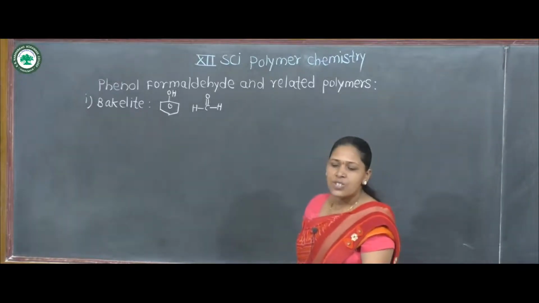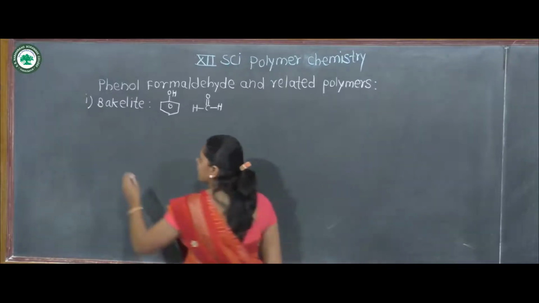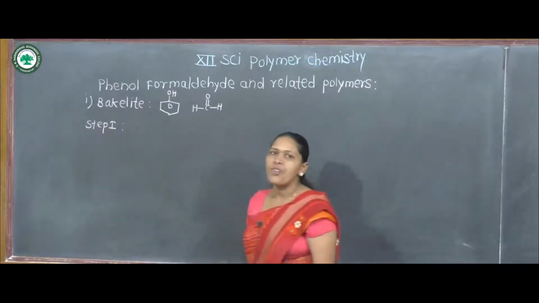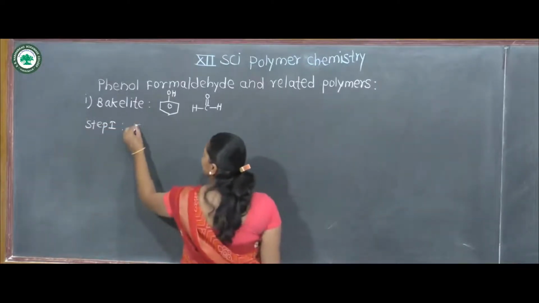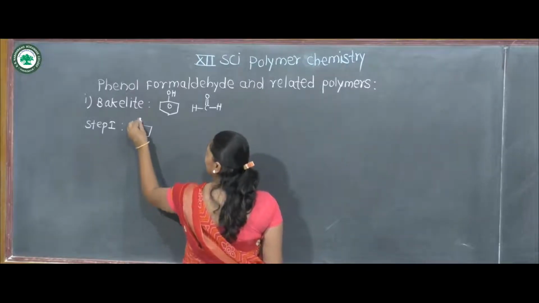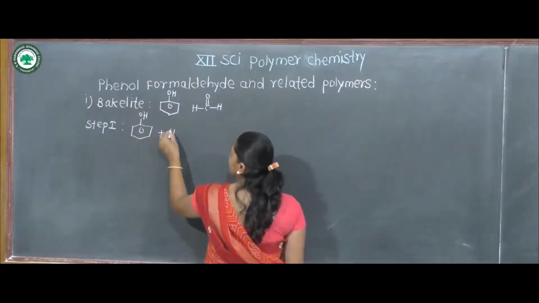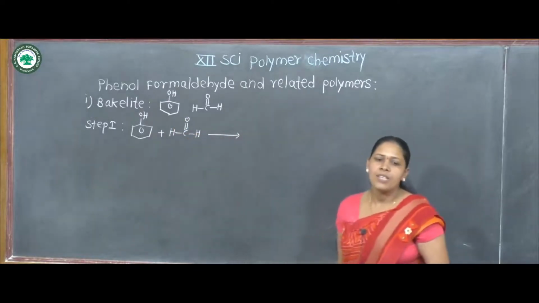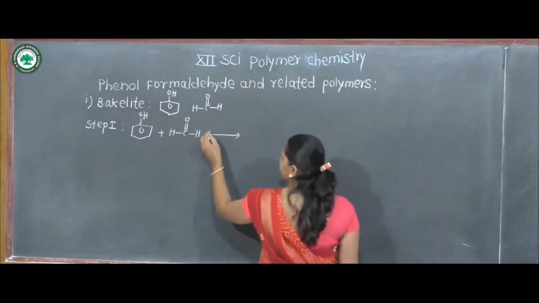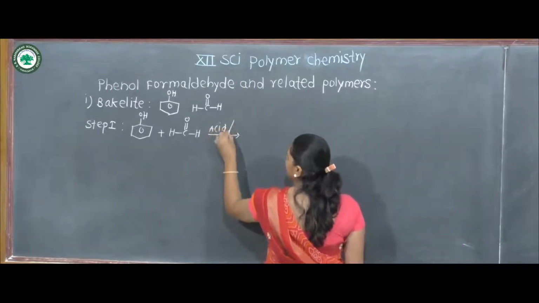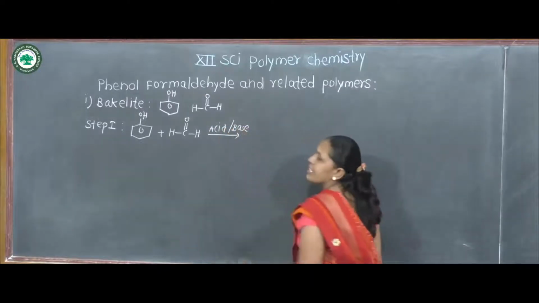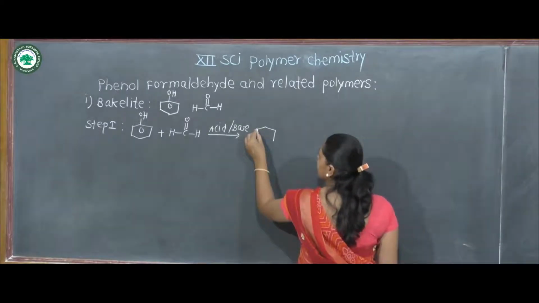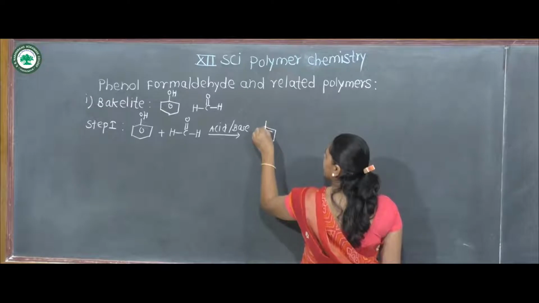What is the reaction of this polymer? This polymer is formed in 3 steps. In step first, phenol and formaldehyde react in the presence of an acid or a base catalyst. Acid or base acts as a catalyst to form the product.